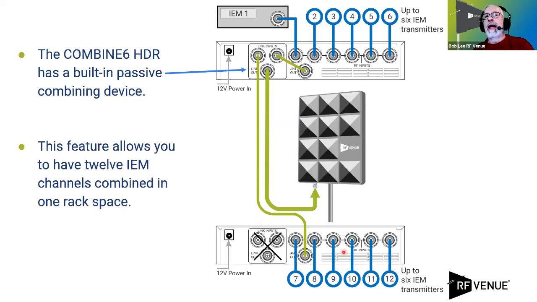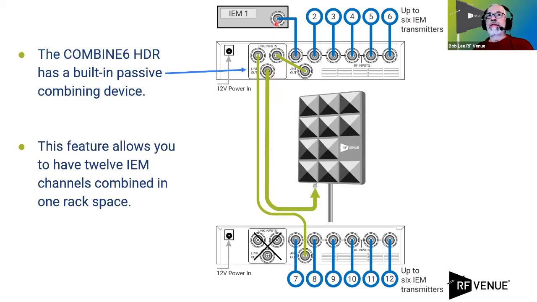This allows you to combine a couple combiners this way, combining combiners. Now the link inputs are the passive combiner on the inside of the Combine 6 HDR, and the link output is that output port from the combiner.